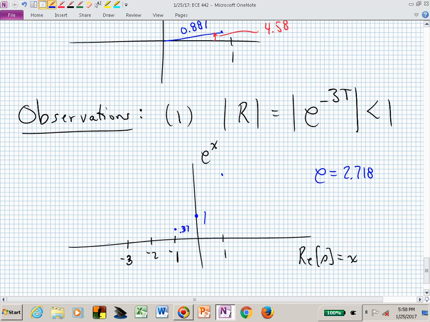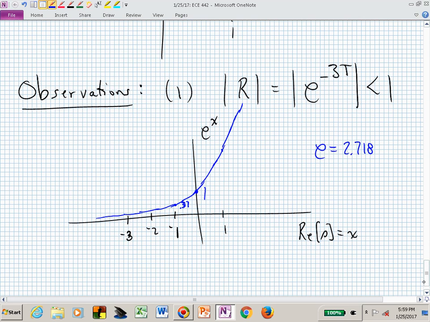Or this e to the x, if I could sketch, does that as a function of a real number exponent. Well, that's an ugly 3, isn't it? All right. You convinced me to relabel that, but that's now not much better.